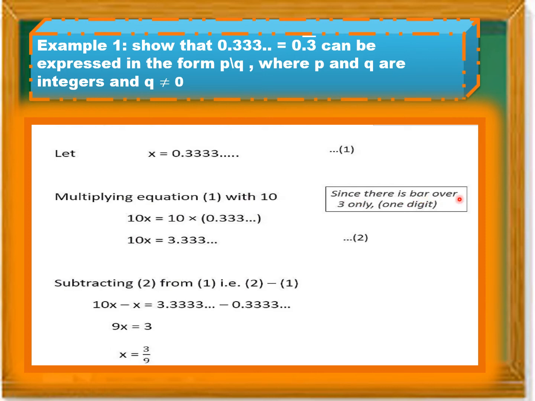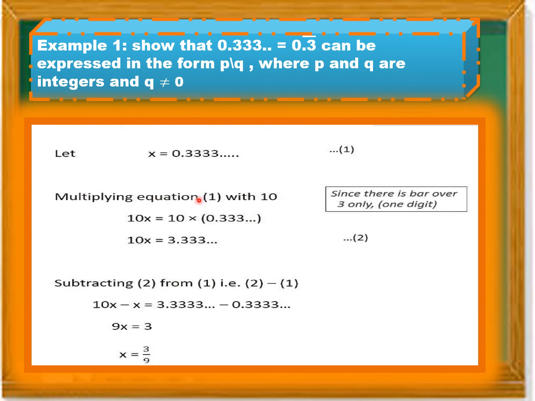Since there is a bar over only one digit, 3, we are going to take a number containing a single zero, that is 10, and multiply it with the first equation to make the second equation.